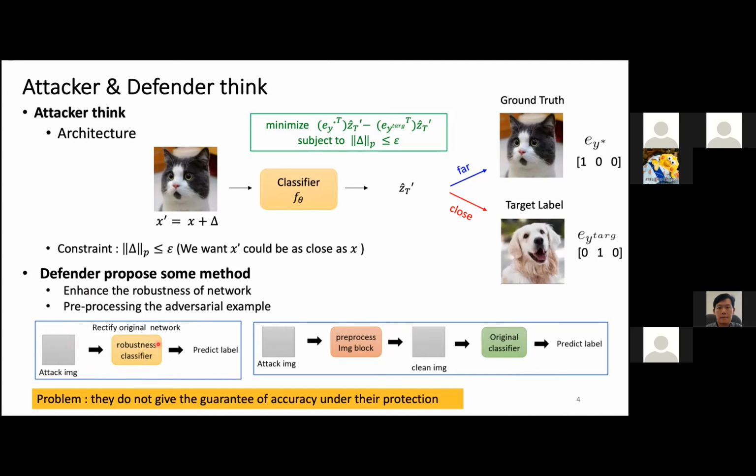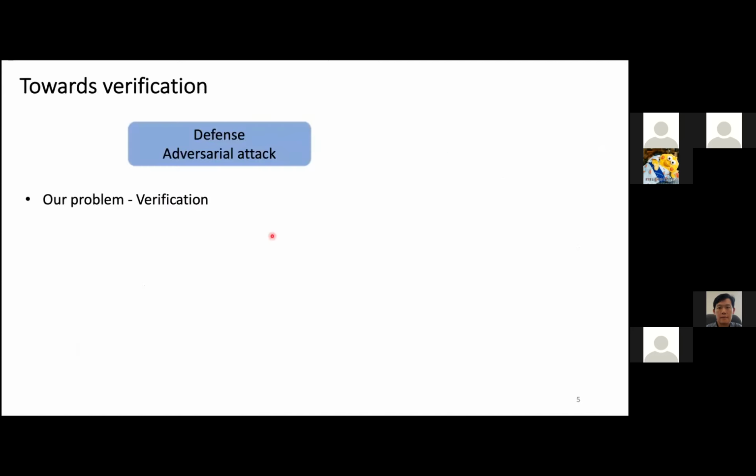So in recent years, there is another topic that emerged, that is certified training. In this field, people use some mathematical ways to train the machine and can give you the guaranteed accuracy of the machine under the attack scheme.